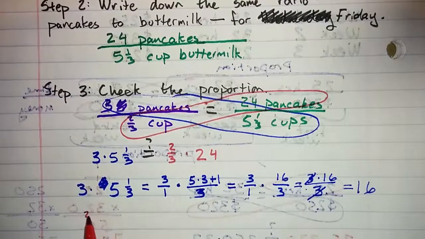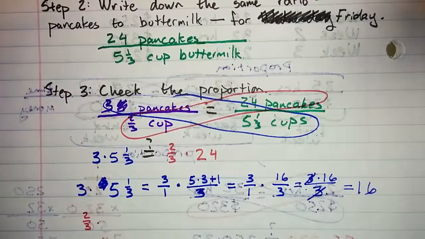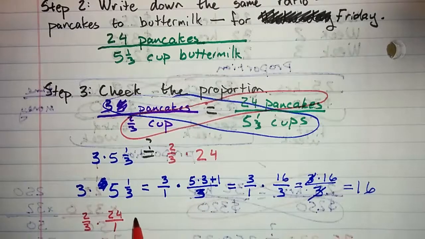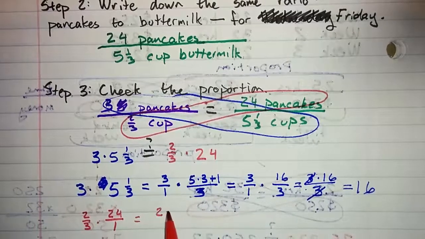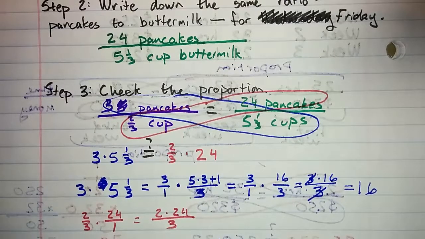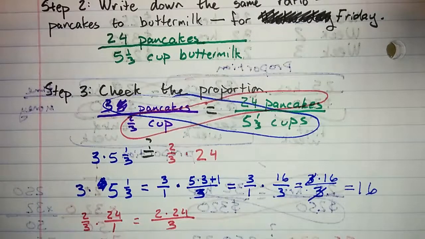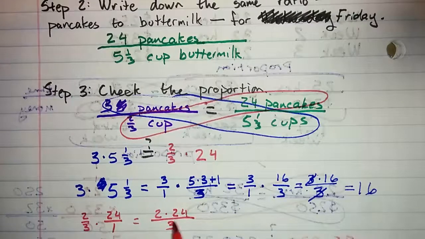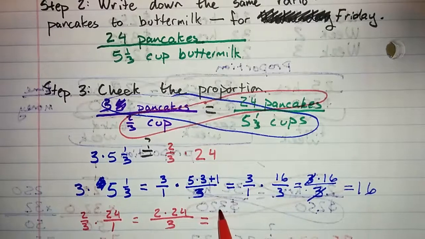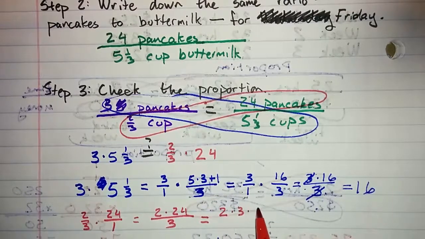On the other hand, 2/3 times 24 wholes. Well, I'll have 2 times 24 over 3. Do those have any common factors? I think 3 is a factor of 24, isn't it? I'll have 2 times 3 times 8.